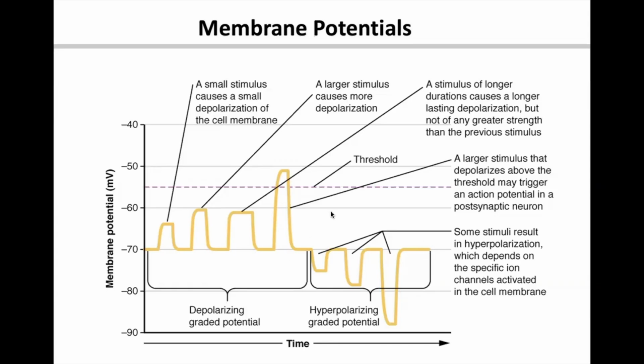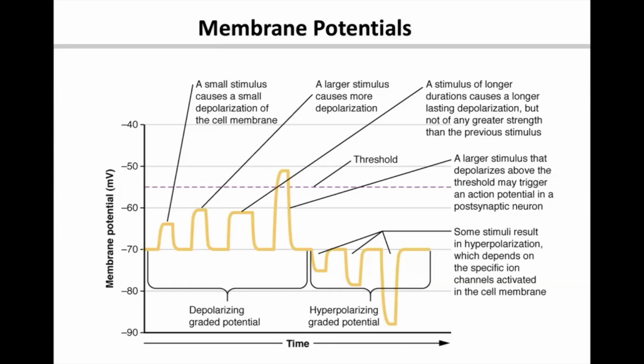So this process, just look into this. Each of these waves, you will see there are three parts. This is going up, then a little bit of a plateau or a curve, and then goes down. Whether it's graded, whether it's action potential, or whether the cell is hyperpolarized, the curve is pretty much the same.